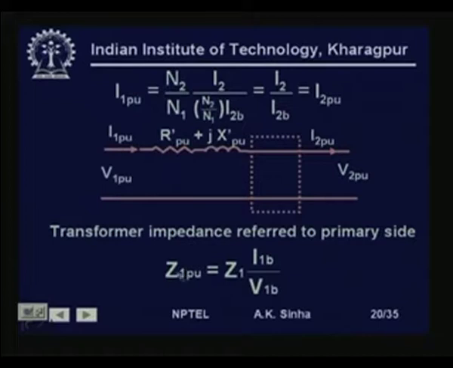Now, the same thing we can see for the impedance. The transformer impedance referred to the primary side is Z1 per unit, which will be equal to Z1 into Z1 base, Z1 into I1 base divided by V1 base.